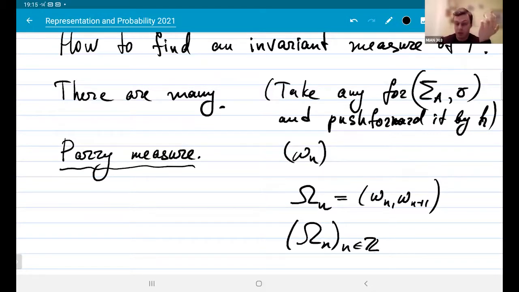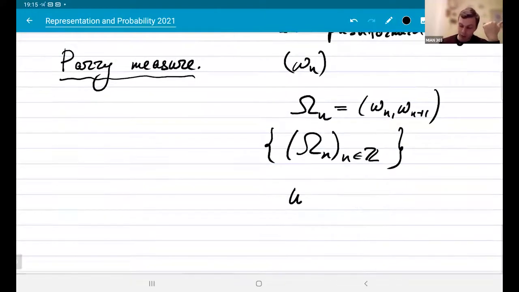And here, on this set, you can define your Markov measure, which will be described exactly as I have said, on the space of omega small. You just say that for omega n, for omega large, the probability to go to some state depends on your current state, which is omega n plus 1.